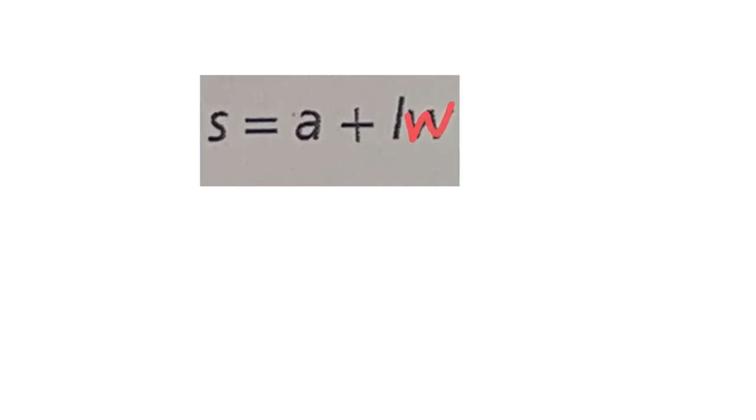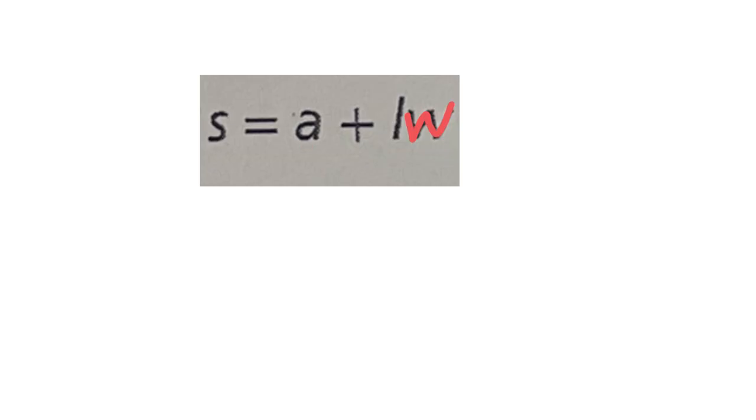That's the goal, to solve for W, right? In order to solve for that red W, again, you have to get it by itself. I say we leave it on the right and get it by itself on the right. To get that red W by itself, you have to get rid of all the other stuff, and you always have to start with the stuff that's far away. So what's far away? The A.